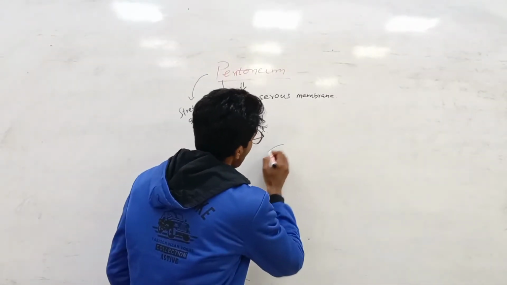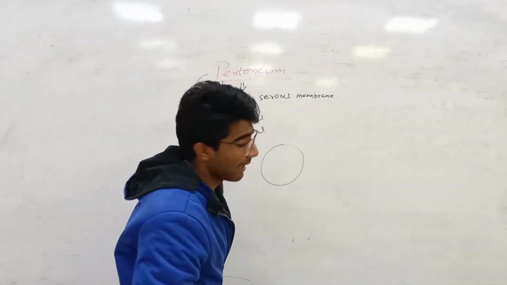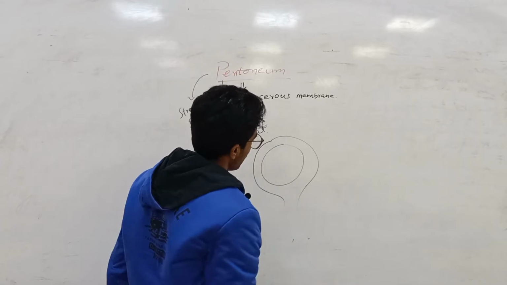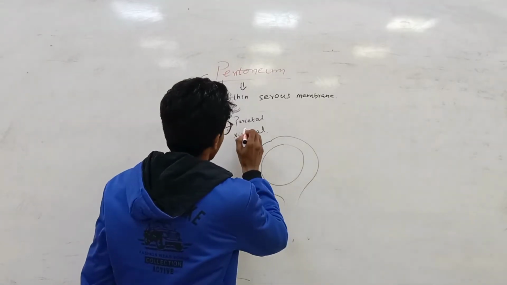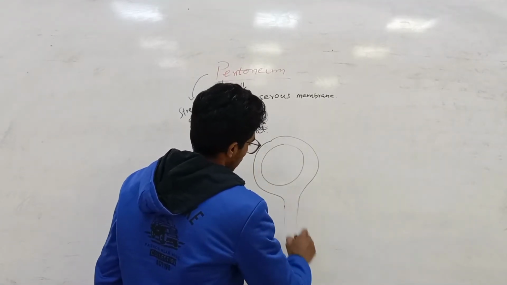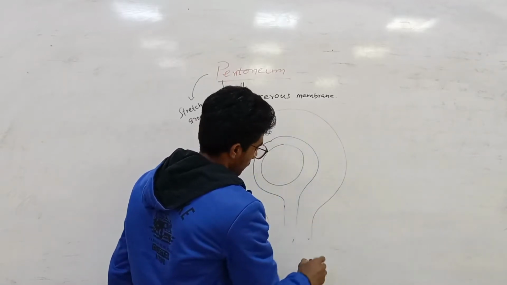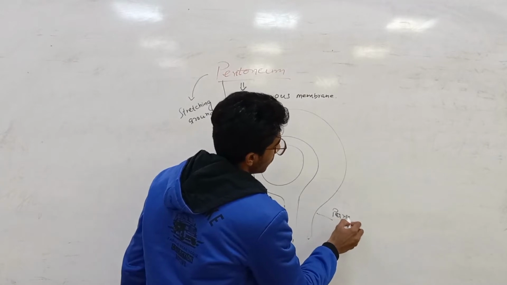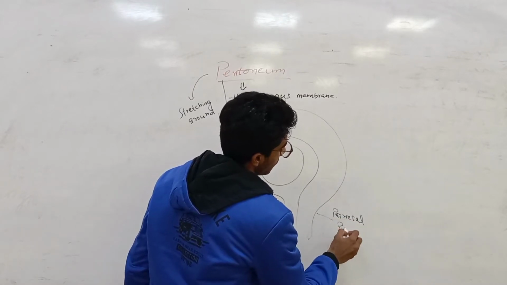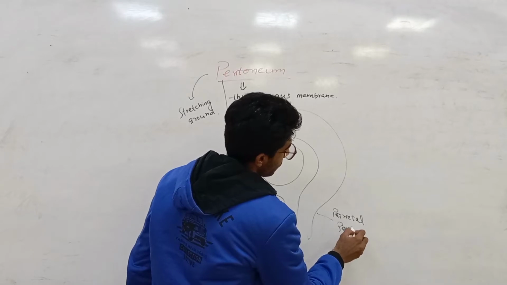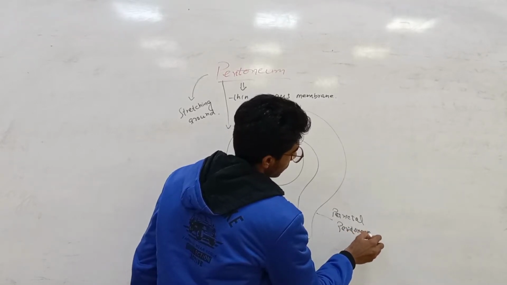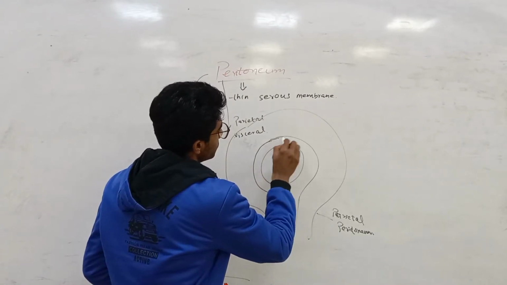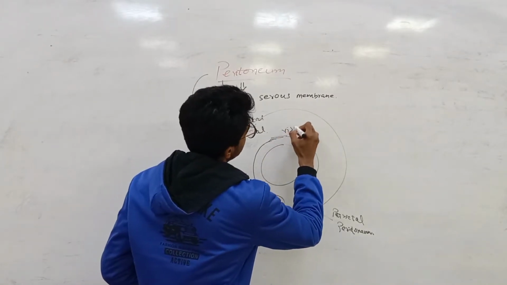Suppose we have the abdominal region, and in the abdominal region a double layer. This is parietal peritoneum. And this is visceral peritoneum.